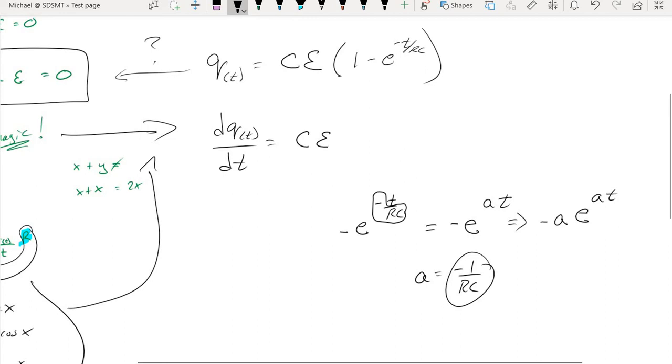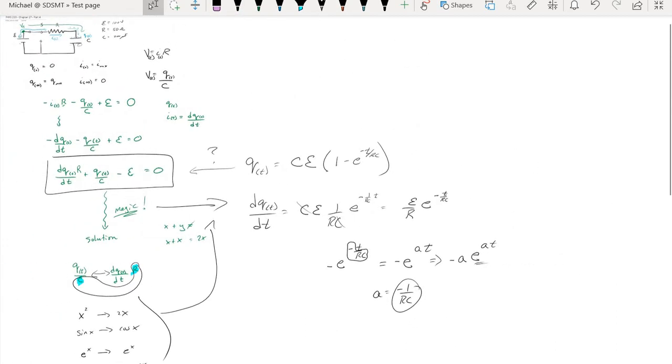There's a, but there's a negative out front, so now it's positive 1 over RC, e to the at. The capacitance values are going to cancel out in the front. We get E over R, e to the negative t over RC. So that's the derivative.